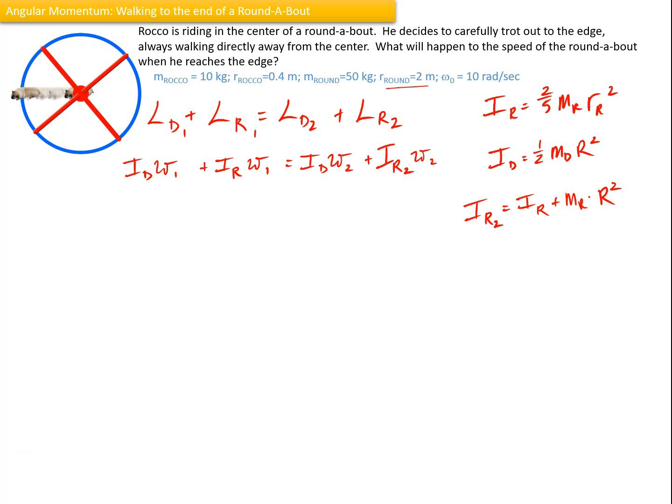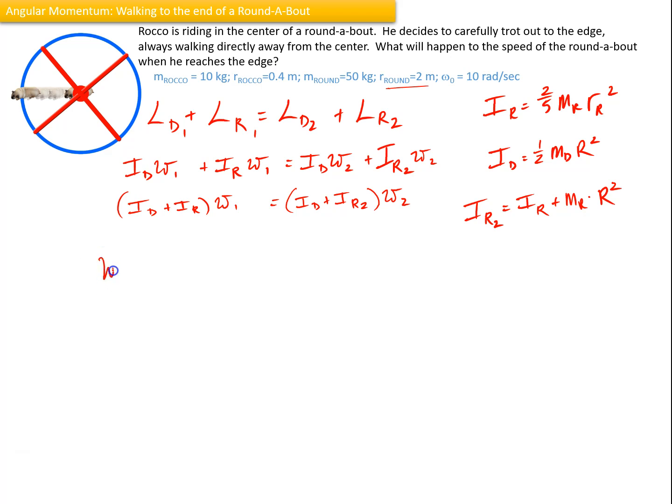So we can already see, if we want to solve this for what's going to happen to this angular velocity, we can combine some terms. We can combine the moments of inertia on the left side divided by omega 1, and we can combine the moments of inertia on the right side and pull out an omega 2.